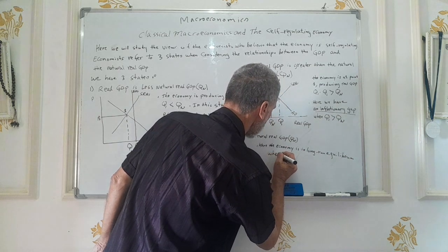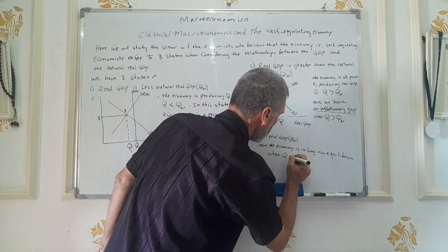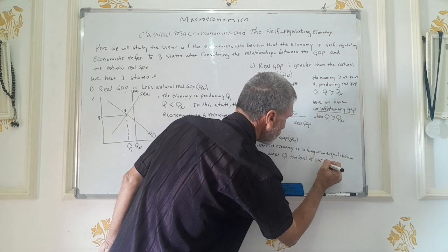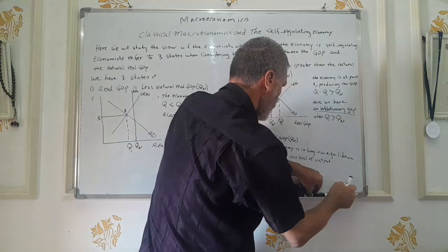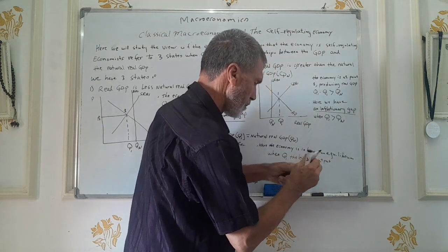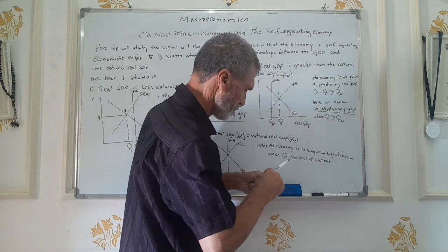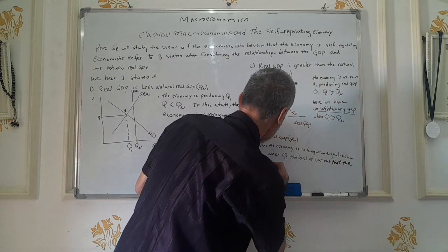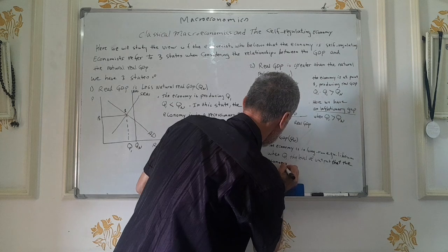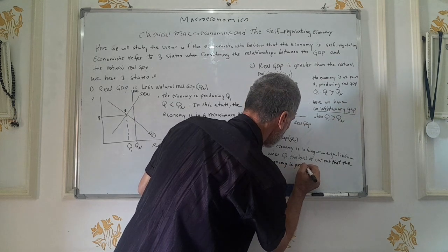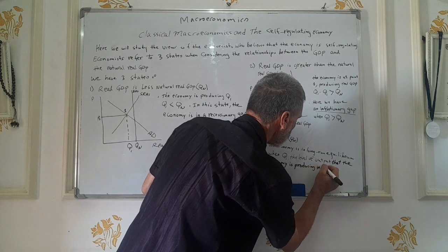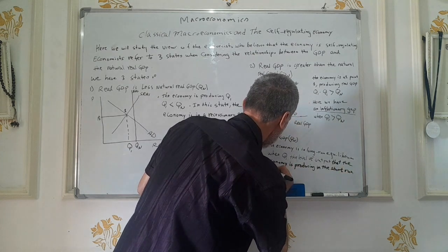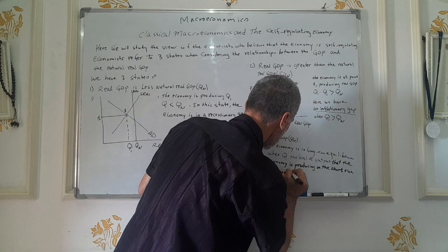The economy is in long-run equilibrium when Q1, the level of output that the economy is producing in the short run, is equal to Qn.